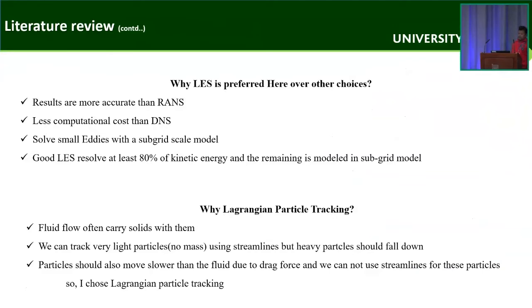In the case of LES, results are more accurate than RANS, with less computational cost than DNS, and it solves small eddies with a subgrid-scale model. A good LES resolves at least 80% of the kinetic energy, and the remainder is modeled in the subgrid model. We know that in the LES turbulence model, large eddies are completely resolved, while small eddies are modeled by the SGS model.